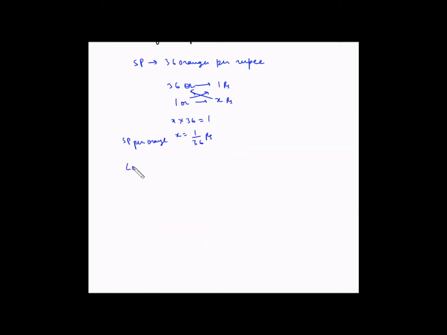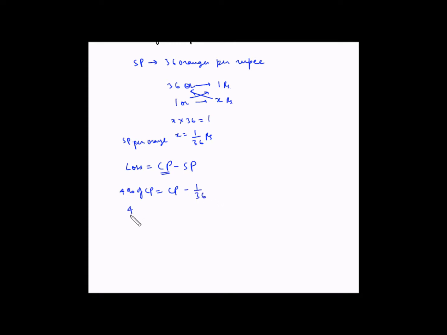So we know that loss is equal to cost price minus the selling price, because cost price is larger than the selling price in case you're making a loss. So 4% of cost price is equal to cost price minus the selling price, which is 1 by 36.